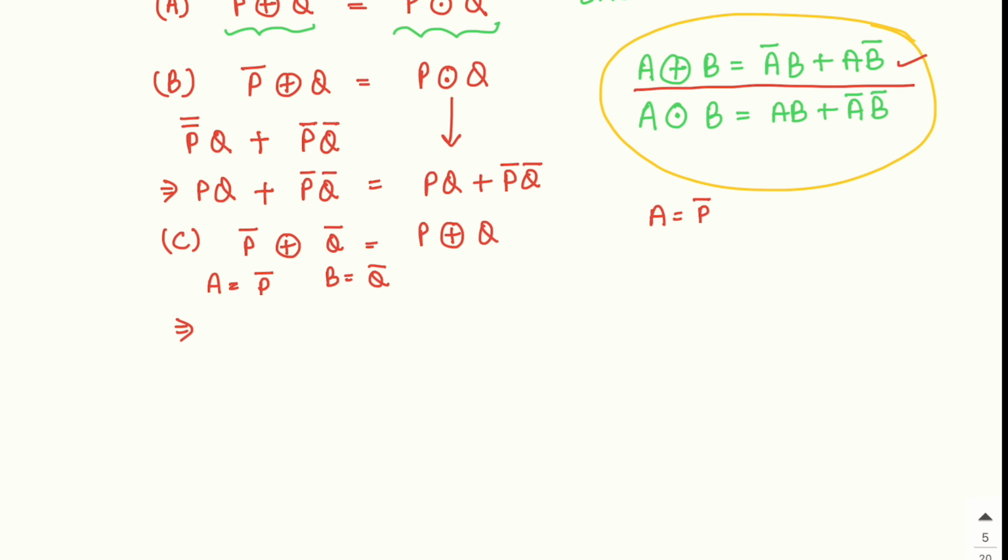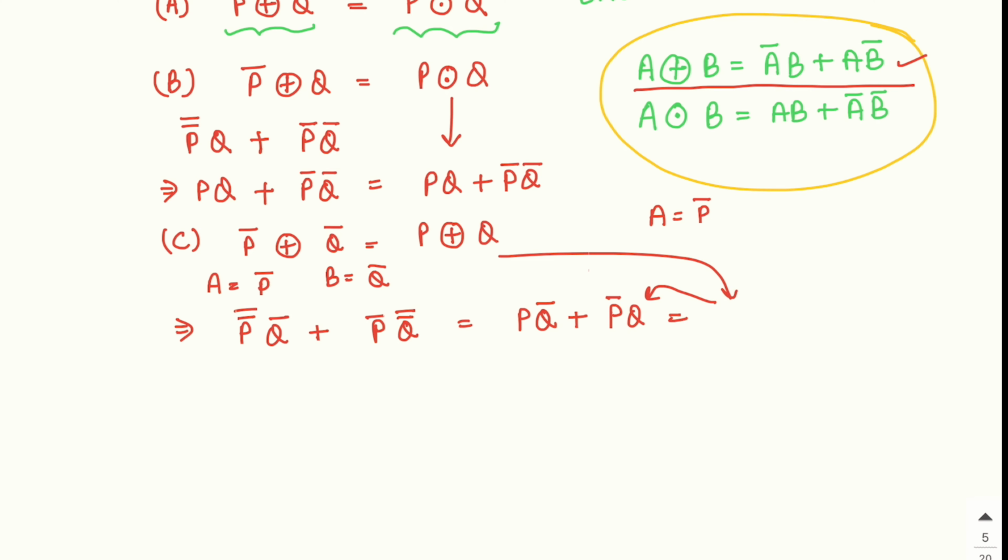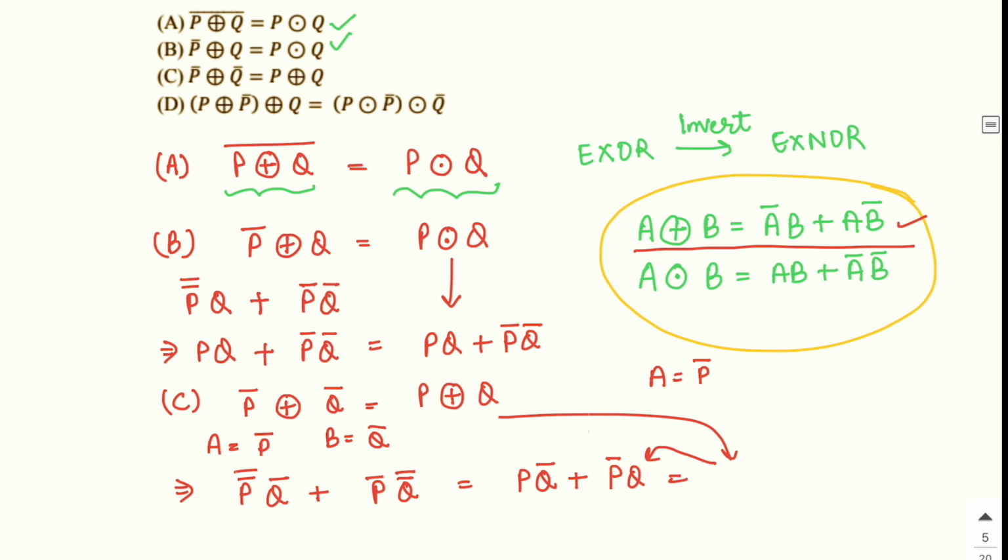So this is P bar bar Q bar plus P bar Q double complement. Now this will evaluate to PQ bar plus P bar Q. And yes, this is equal to the right hand side, because the right hand side is P XOR Q, which is also equal to the same thing. So even C is not my answer.